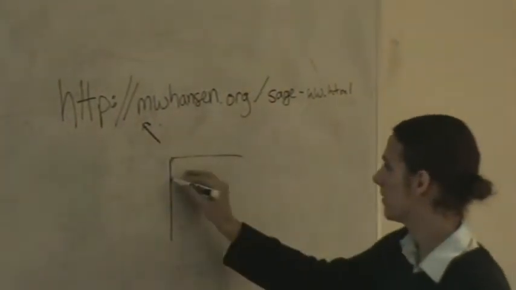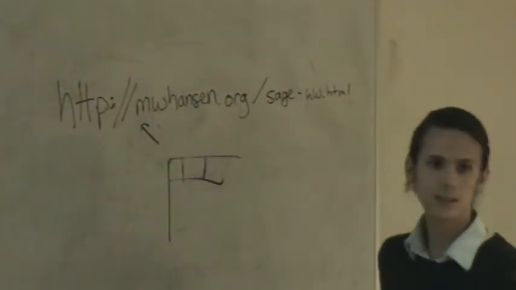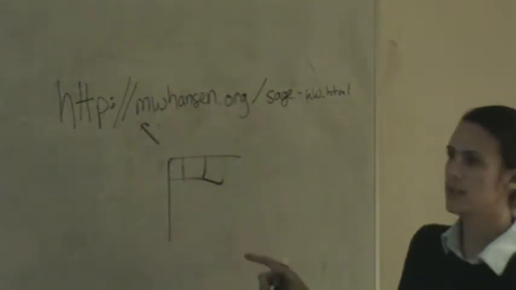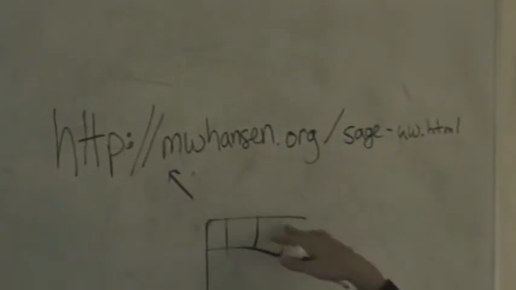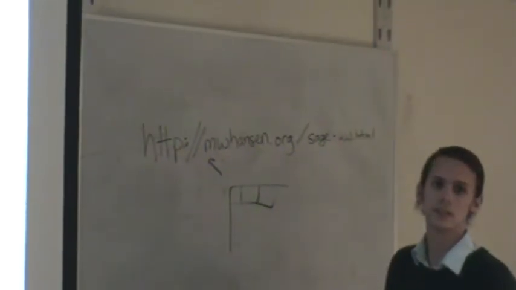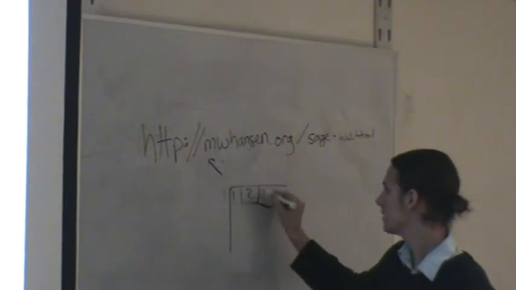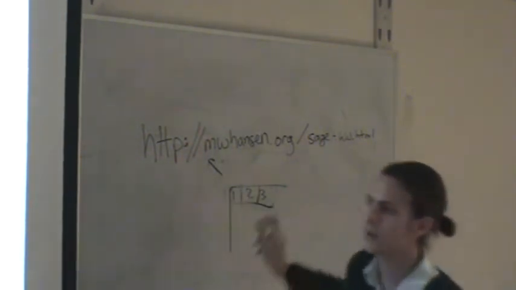So I may have my 3 boxes like this, and the standard tableau of this shape are all the ways I can fill in these boxes with the numbers 1 through 3, so that it's strictly increasing in the rows and strictly increasing in the columns. So here's one way, and that corresponds to this one right here.